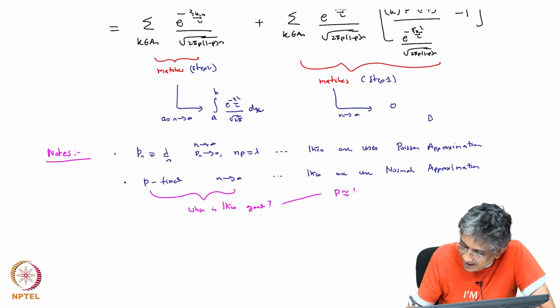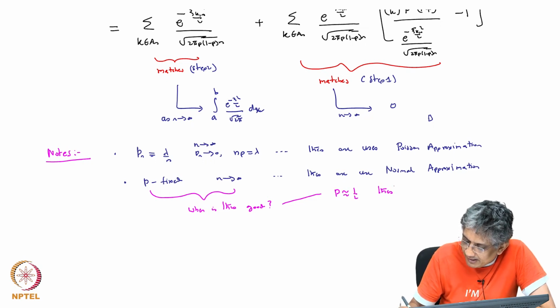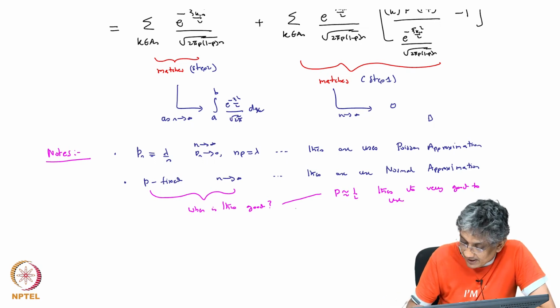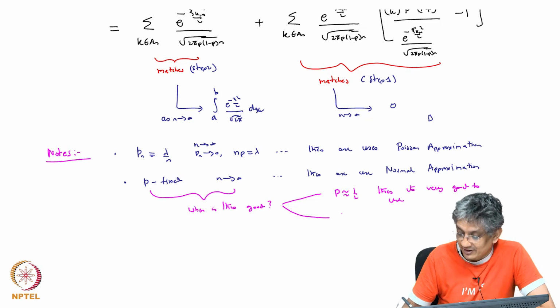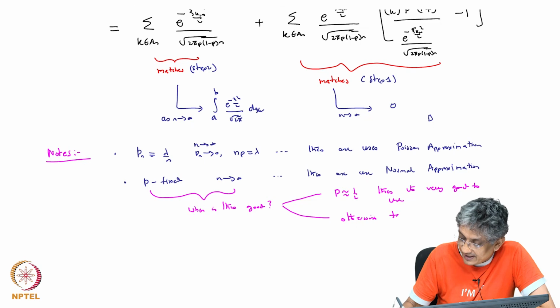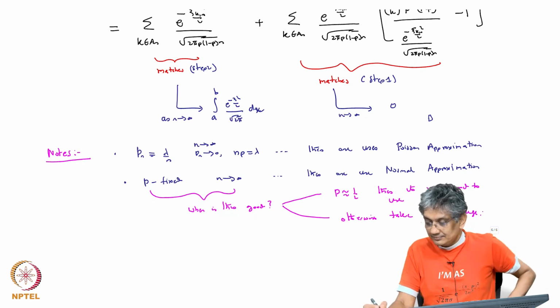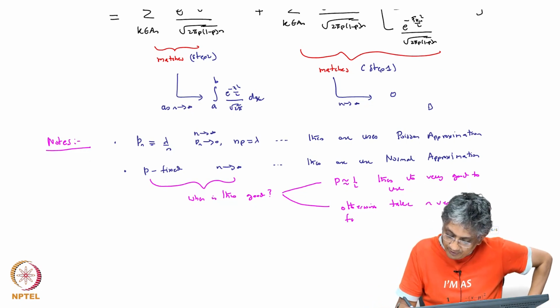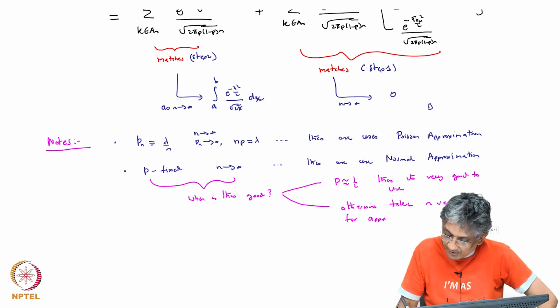If p is close to half, then it's very good to use. Otherwise, if p is not near half, you have to take n very large for the approximation to be good. So in terms of applications, you need to take n very large for the approximation to be good.